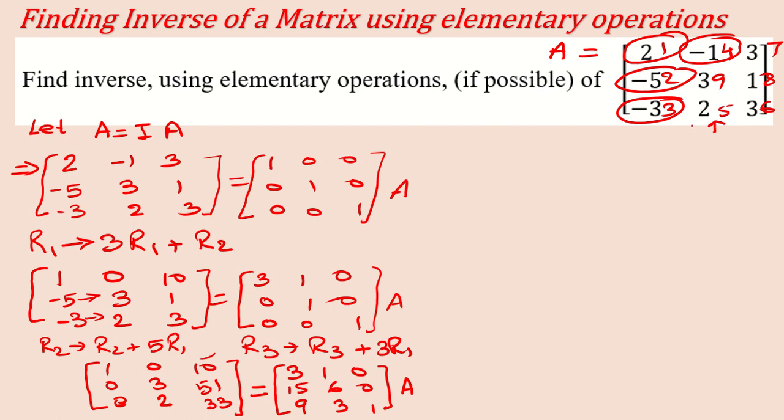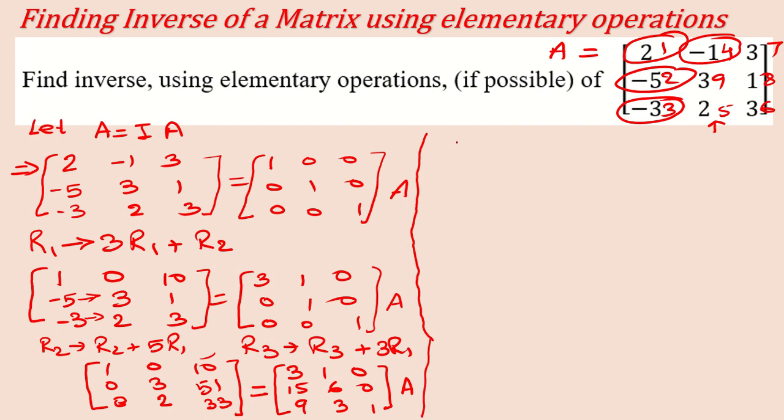Now we come to this one, and what do we want here? We want 0 here. Before that, you can easily see we are getting 3 and 51 here. So we can divide by 3 so that our calculation will be reduced. This is just an extra step to make our calculation easy.